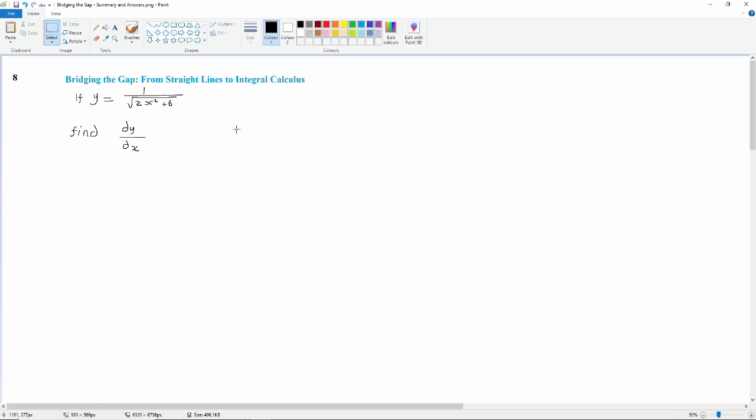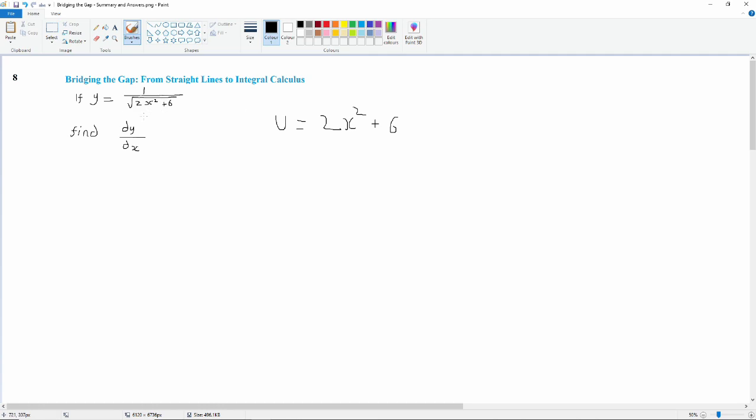Okay, so question 8 is asking, if y is equal to 1 over the square root of 2x squared plus 6, find dy by dx. Well, that just screams chain rule, doesn't it? Let's say u is equal to 2x squared plus 6.